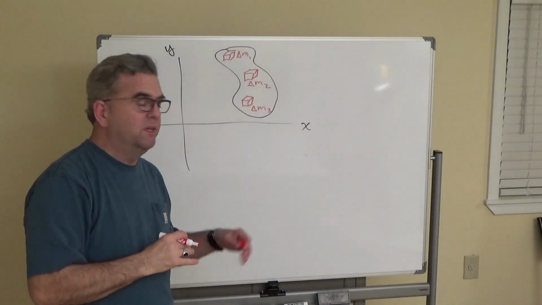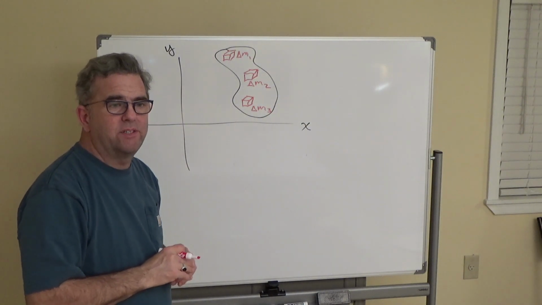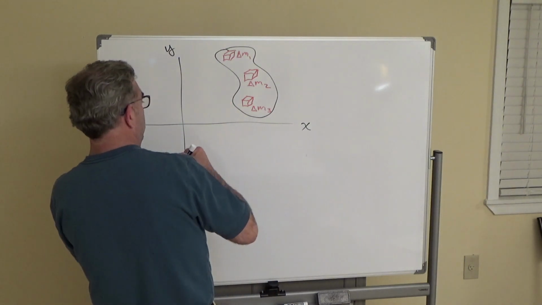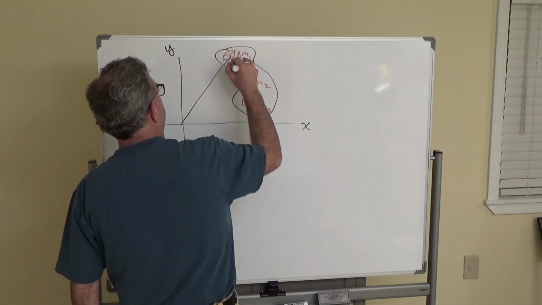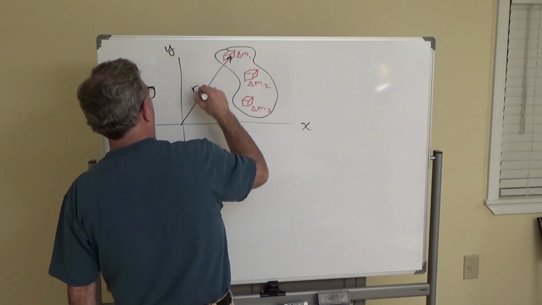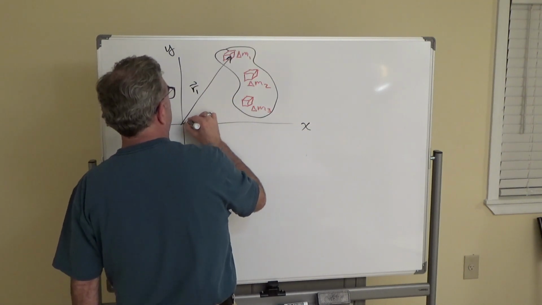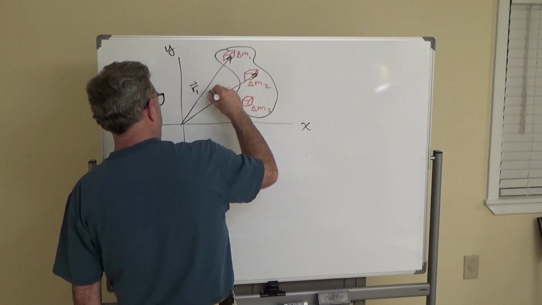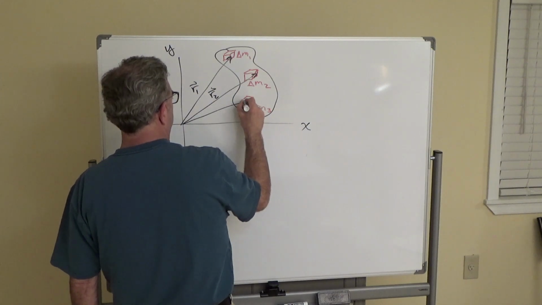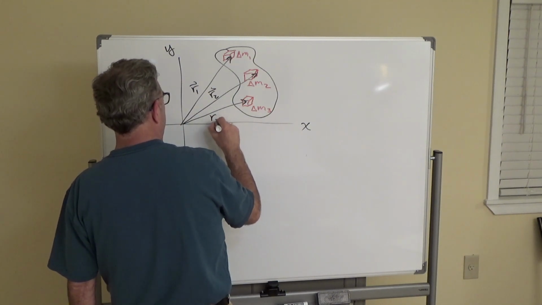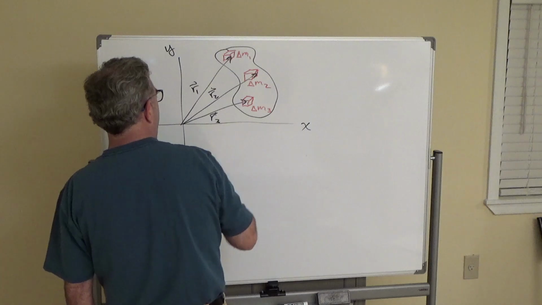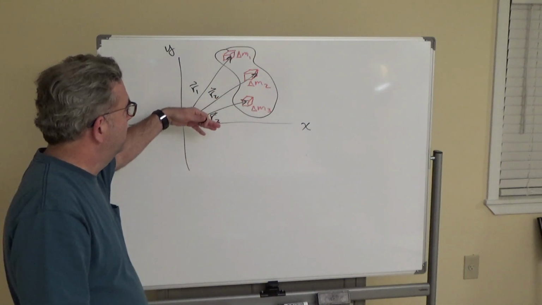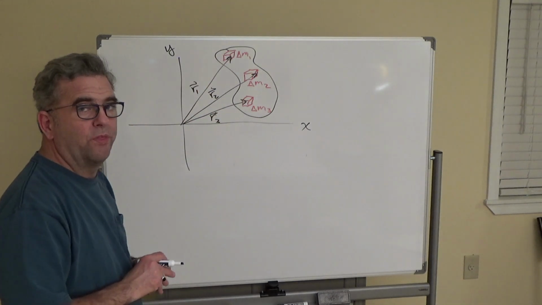So you break it up into little tiny bits of mass, and you have the position of all those masses. Call this R1. R2. Here's R3. Now I've only shown you 3, but hopefully it's obvious I'm summing over the whole thing.